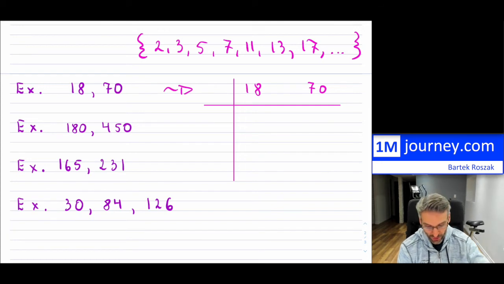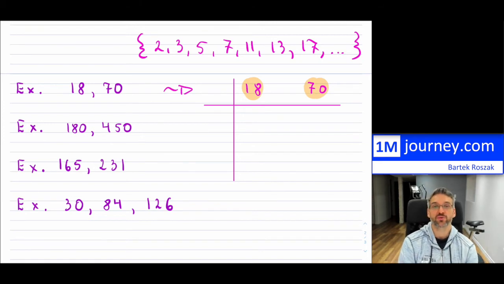And what I will do is try to see if I can find, first, the smallest prime that goes both into 18 and into 70. And this is where we use the divisibility, right? It's useful to know when a number goes into another number. So I start with the 2, and I'll say, does 2 go into 18? Yes, it does. Does it go into 70?